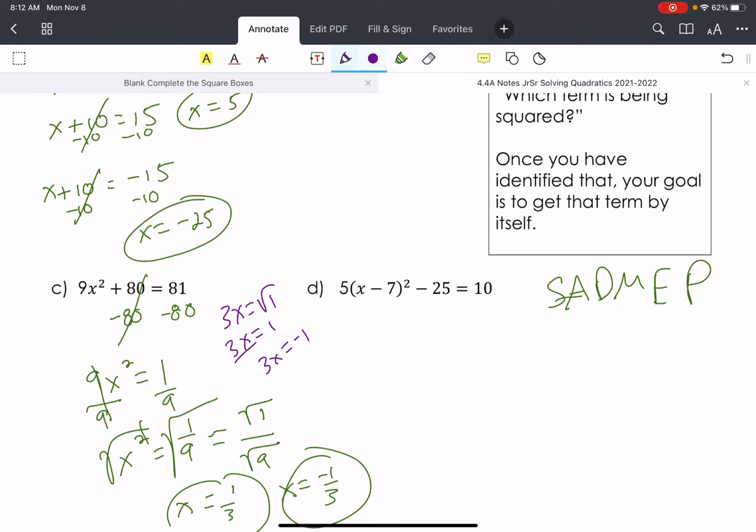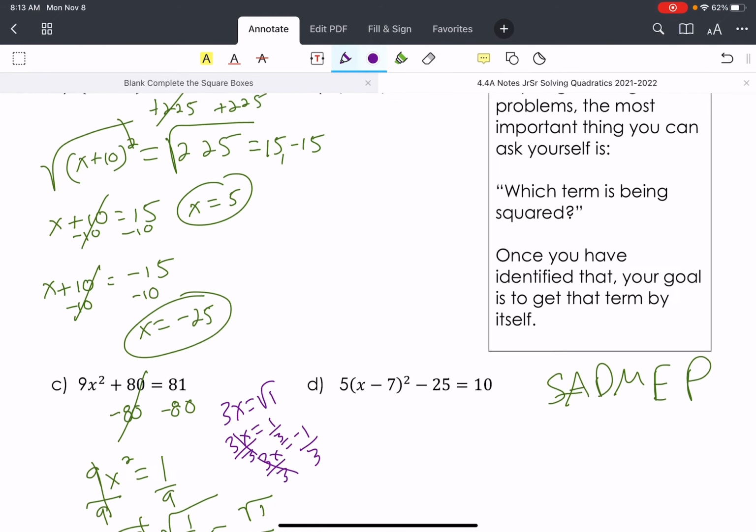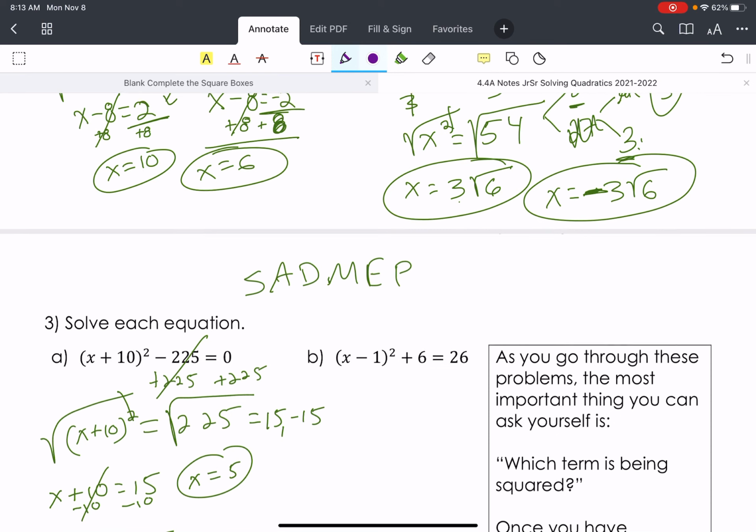So then if I divide by 3, notice I'm going to get the exact same answer. 1/3 and negative 1/3. Does that make sense, Aaron? Okay. So you can do it how you were thinking. You just have another couple steps to do. Okay. Let's do one more like this, and then we need to do something else.